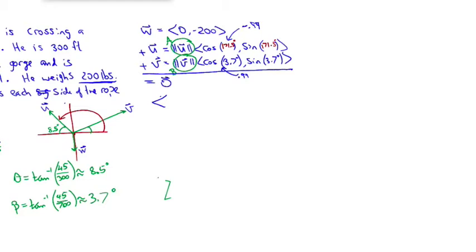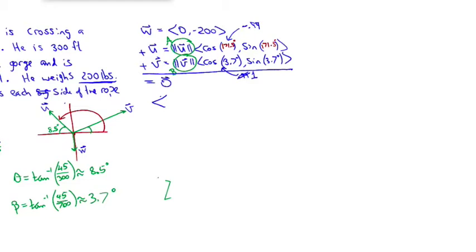Cosine of 171.5 gives negative 0.99, and cosine of 3.7 gives 0.99. If you round to the nearest hundredth, it's 1. I'd rather have them be different than exactly the same.